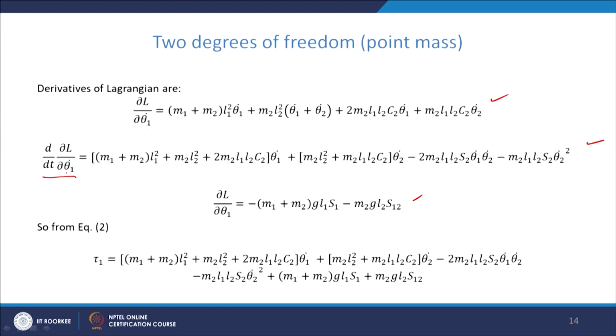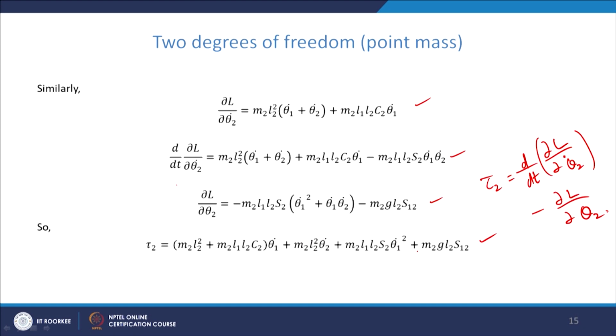Here the tau 1 equation has components of theta 1 double dot, theta 2 double dot, and the remaining are theta 1 dot terms. Similarly, in tau 2 also we have theta 1 double dot and theta 2 double dot terms.